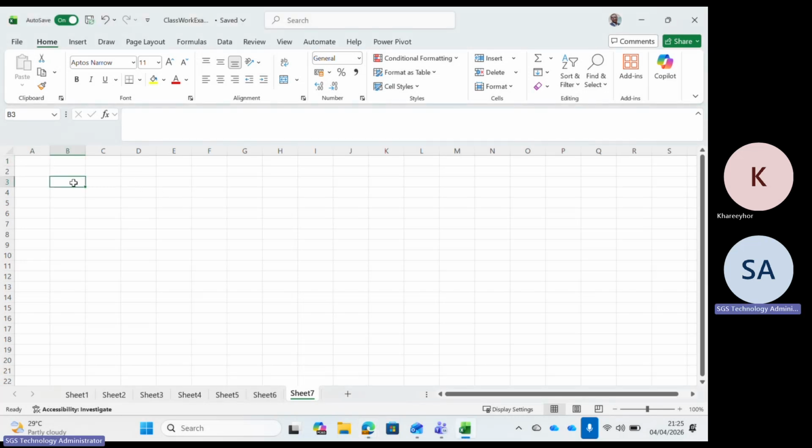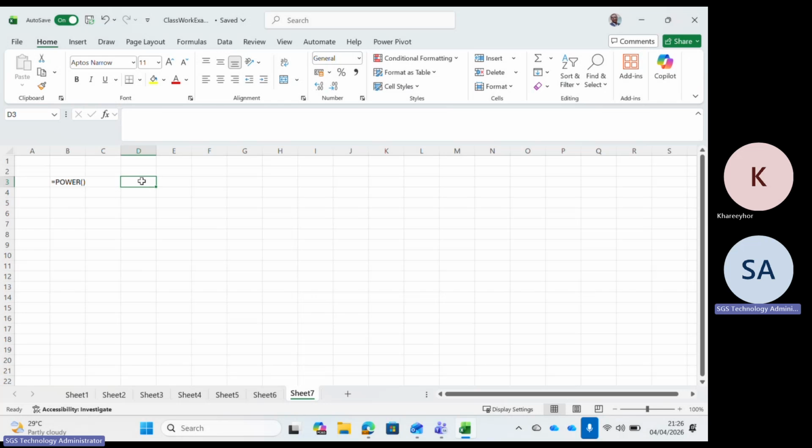The first function we are going to look at is called POWER. This is like raising a number to the power of something, like 2 raised to power 3.